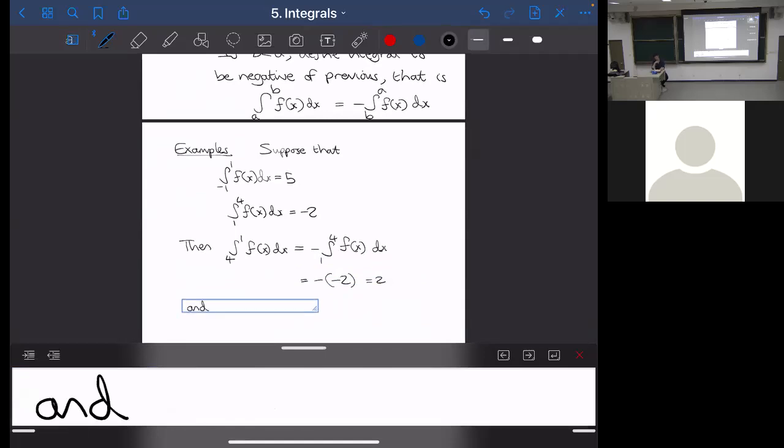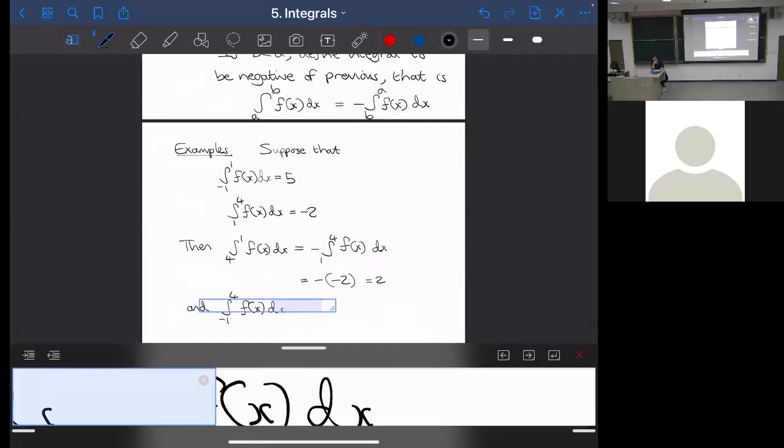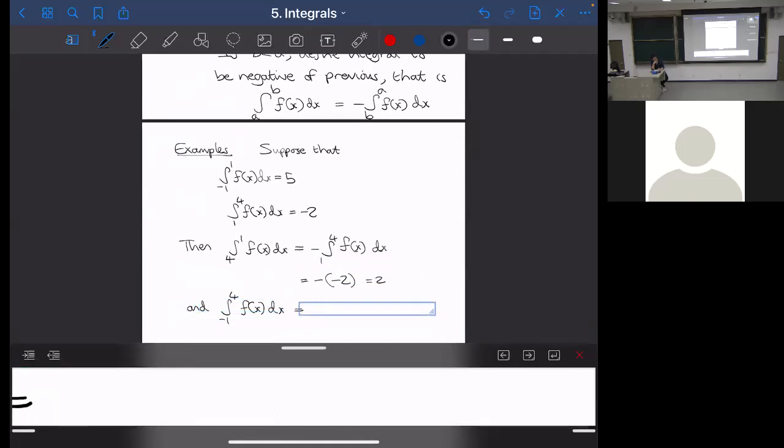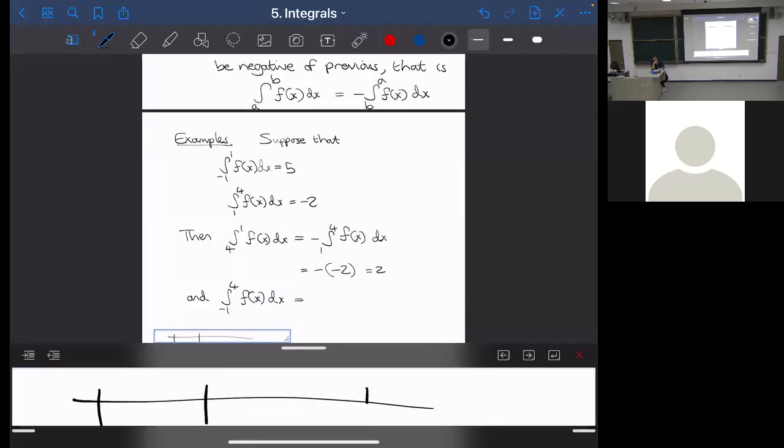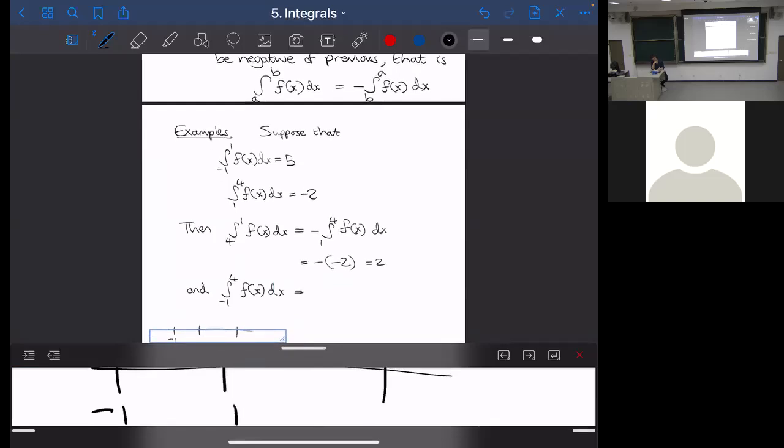And I can also calculate the integral from -1 to 4 of f(x) dx, because I have -1 to 1, and then all the way up to 4, and I know the integrals on these subintervals.